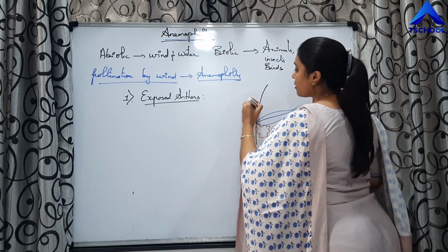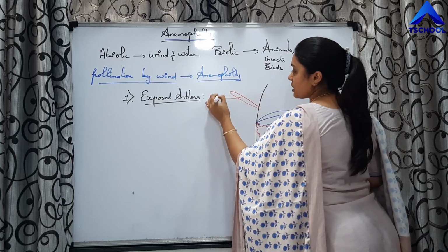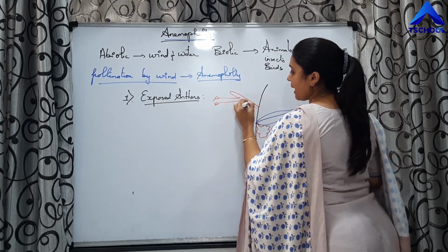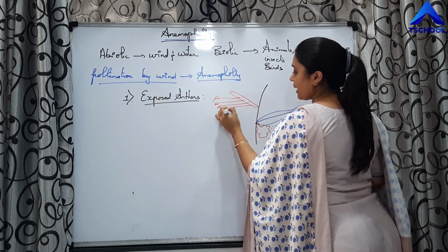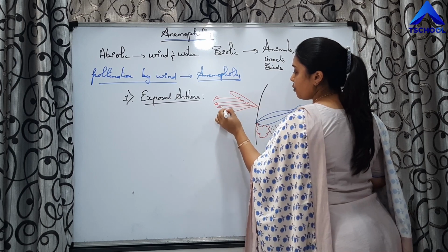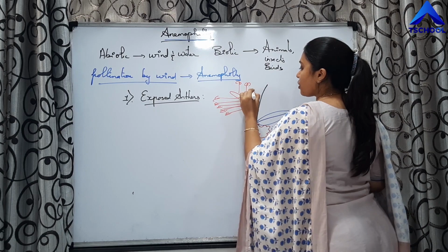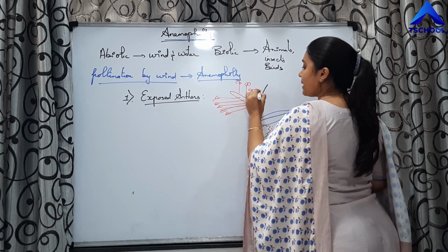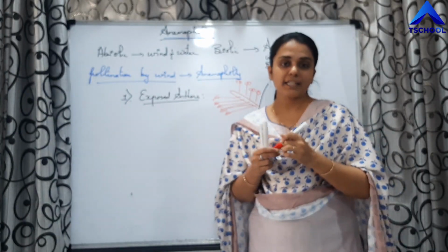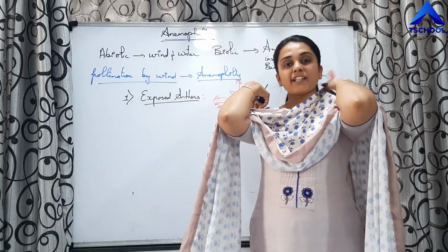So where should the flower be present? Where should the anther be present? The anther should be well exposed, right? So these are the anthers, right? So if the anthers are well exposed, then it would be easy for the wind currents to carry the pollen grains, right? So anthers should be exposed.